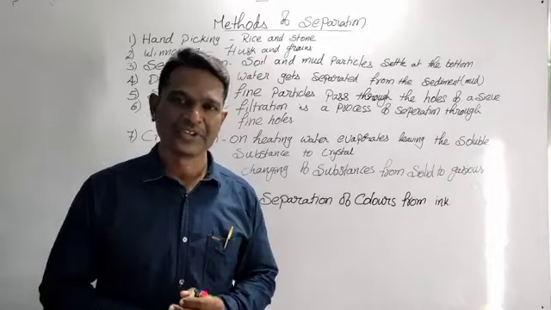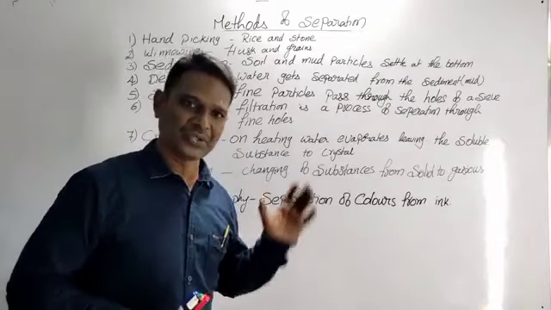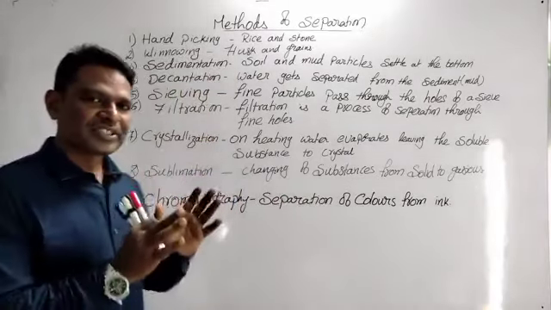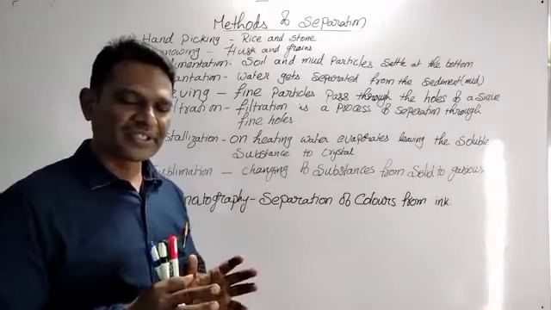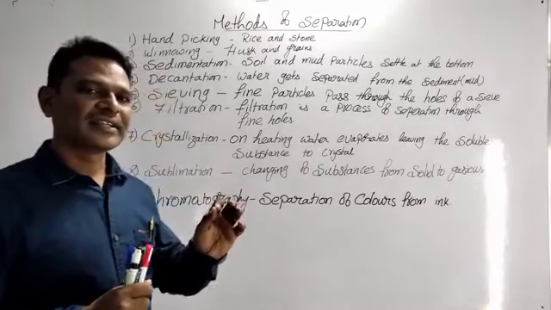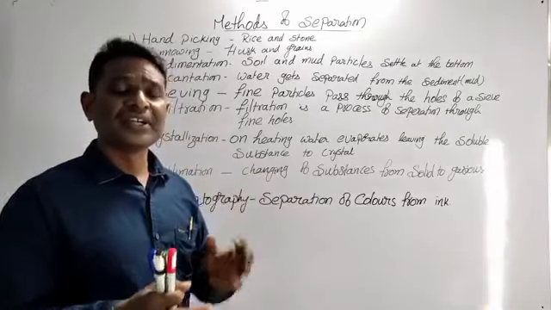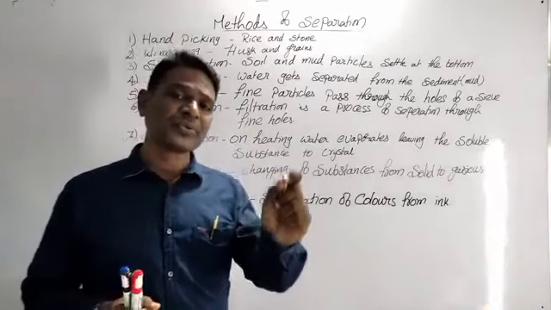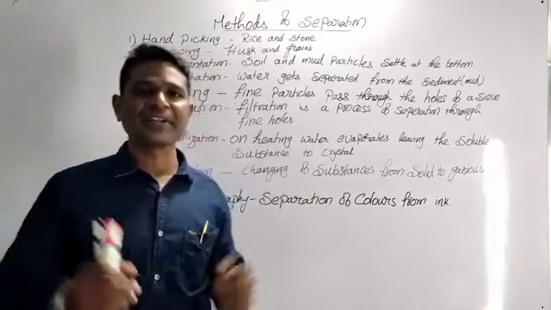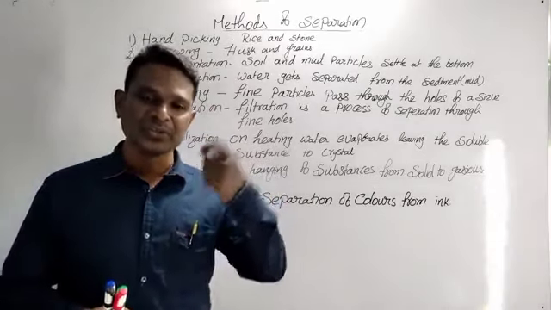Children, I hope you enjoyed this whole class. From today's topic, what did we learn? That there are different types of mixtures around us. In order to enjoy the purity of that, we have to separate them, then only we can use that.